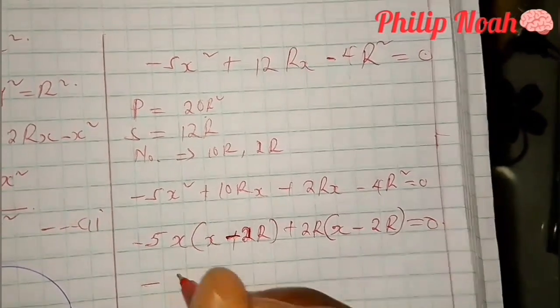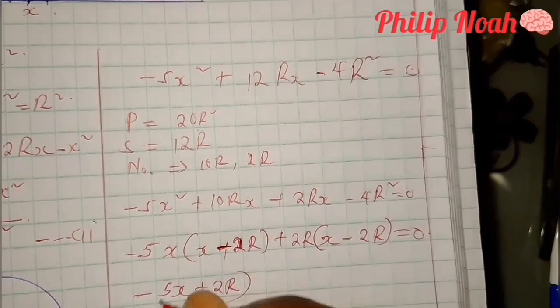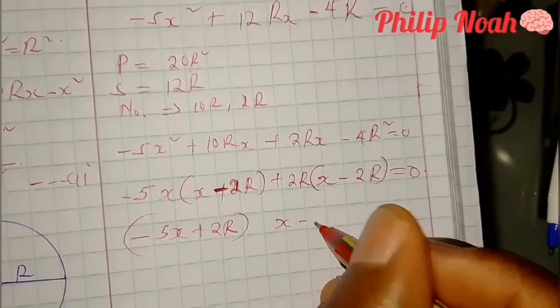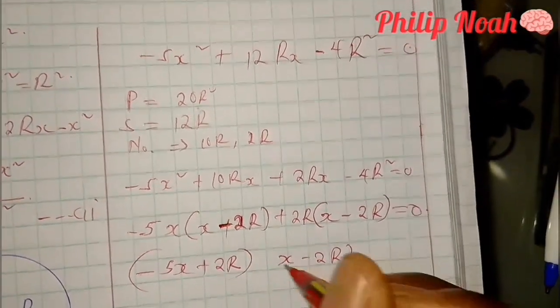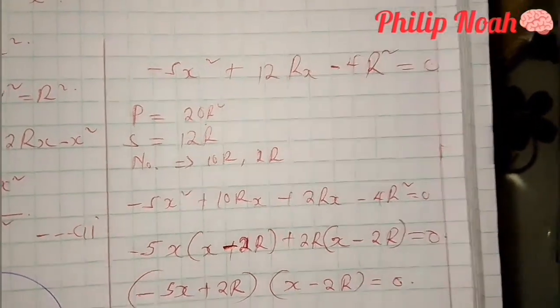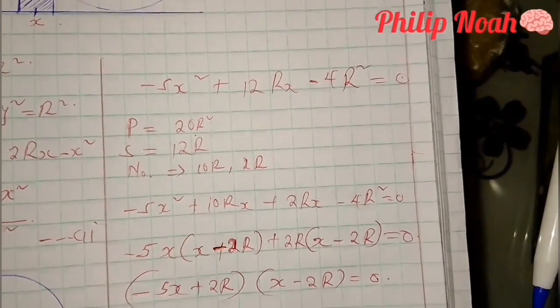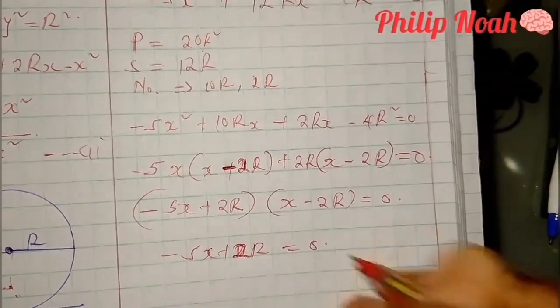we have negative 5x plus 2r times x minus 2r is equal to 0. And now we have negative 5x plus 2r is equal to 0.